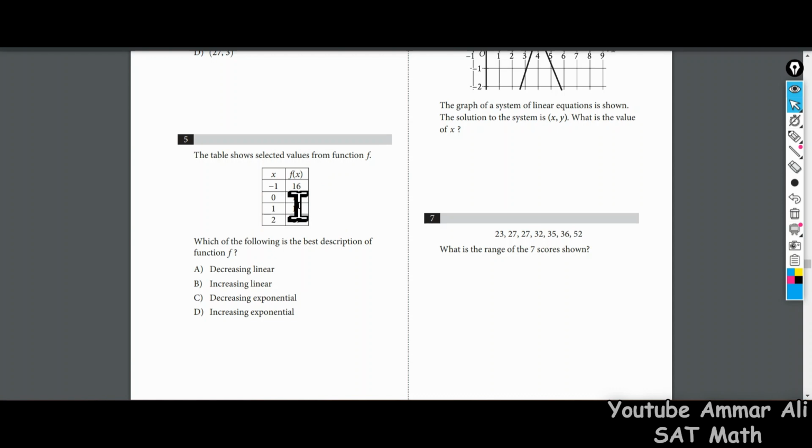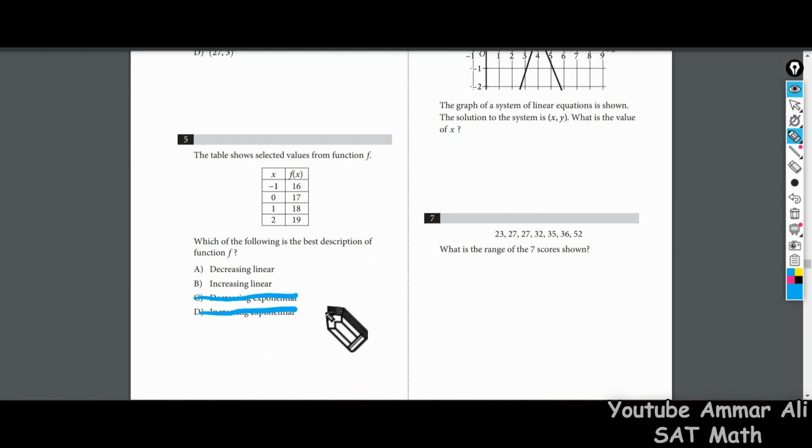From 16 to 17, that's 1. From 17 to 18 increases by 1. So if it's increasing by the same amount each time, that is a very good indication that it is not exponential, but it is linear, right? So we can instantly cross out those two, okay?